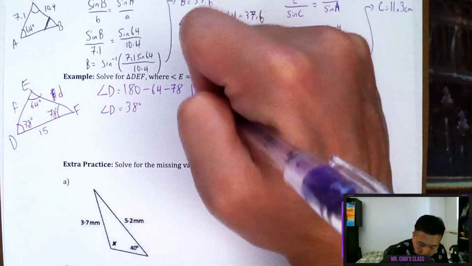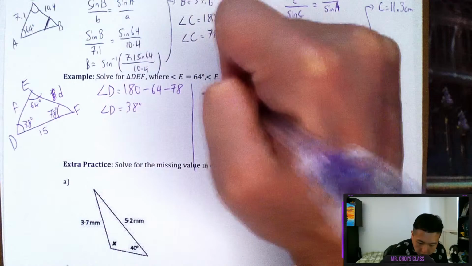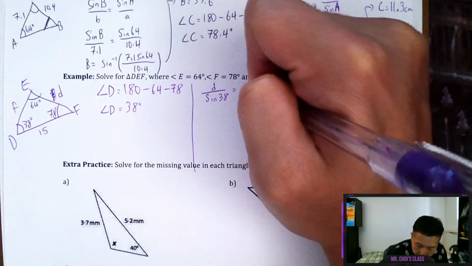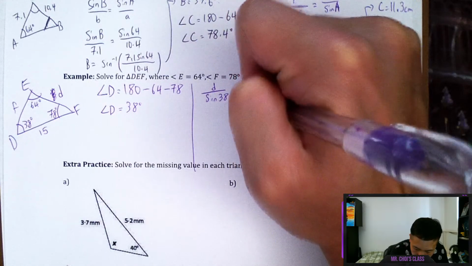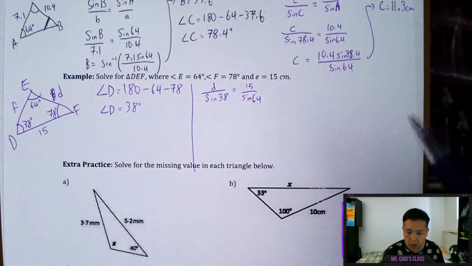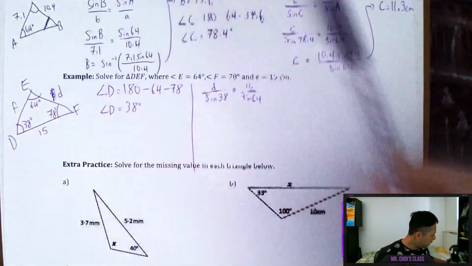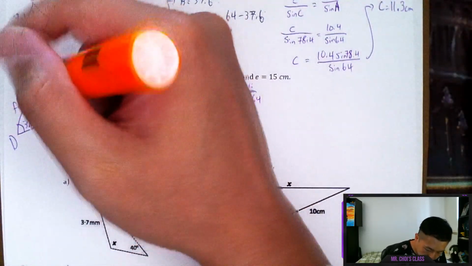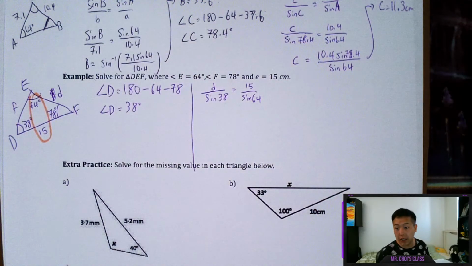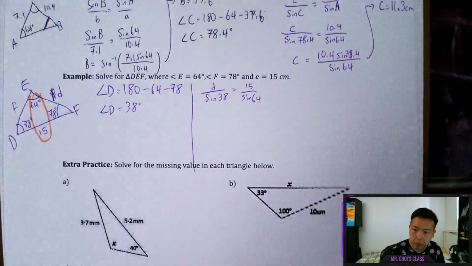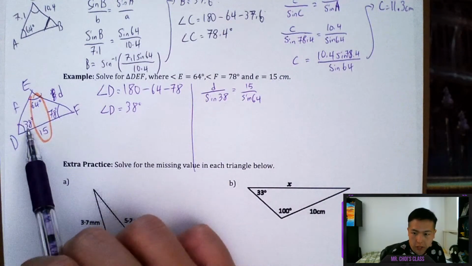I'm just going to plug in the values we know, just to save some space. And I'm going to use side E as my base. So I'm using the side E angle base pair, which I'll highlight here. This is the pair that we knew since the beginning, so I'm always going to be using that pair to solve for my missing ones. Then D over sine 38.